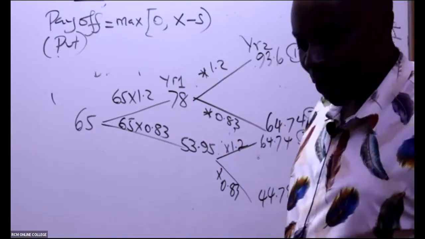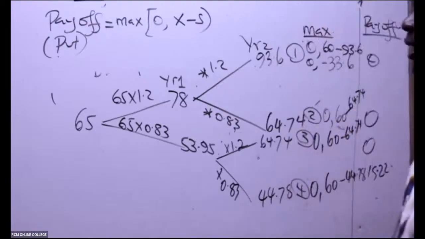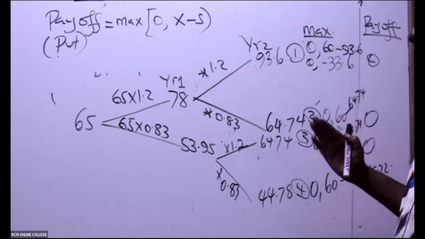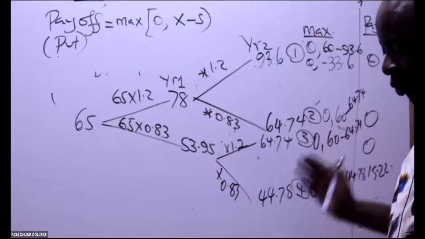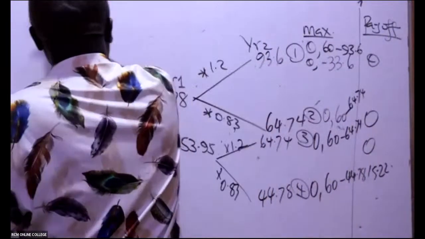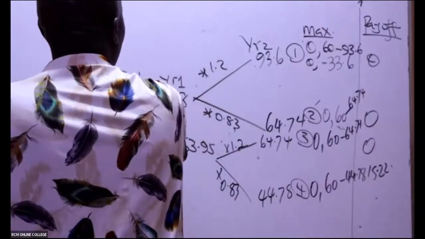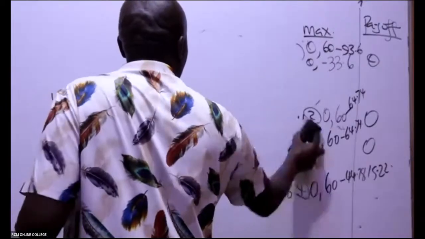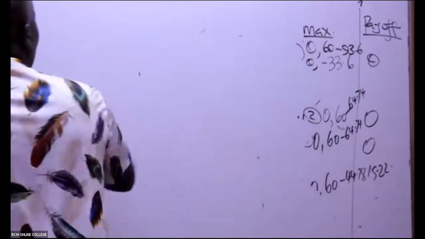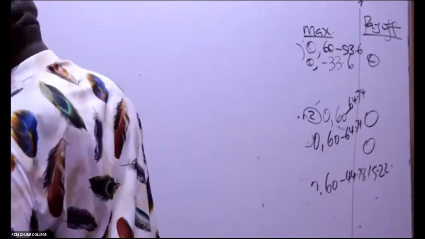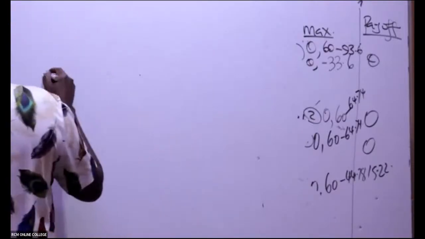Now, from there, you'll be able to give us, ladies and gentlemen, a probability tree of payoffs only. So step number 4, probability tree of payoffs only. The same one, but now payoffs only. So we have year 1.